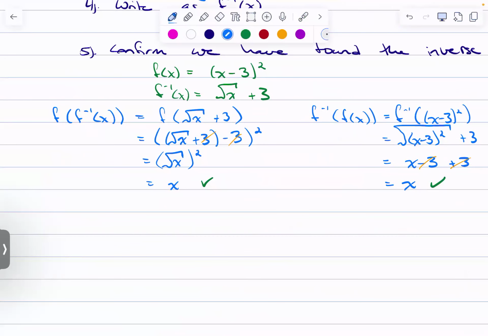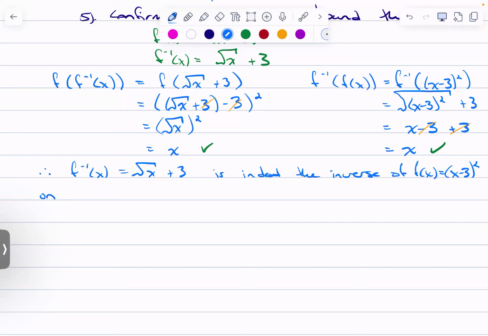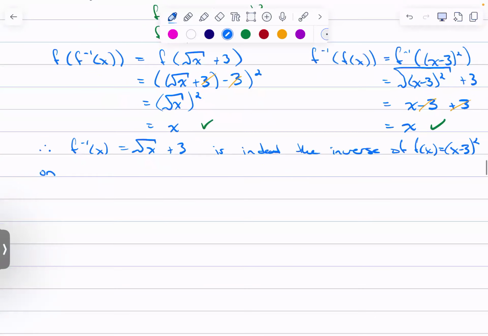Therefore, f inverse of x equal to the root of x plus 3 is indeed the inverse of f of x, which is x minus 3 squared. I will clarify on the restricted domain. On the restricted domain, because we did add that 3 to infinity.